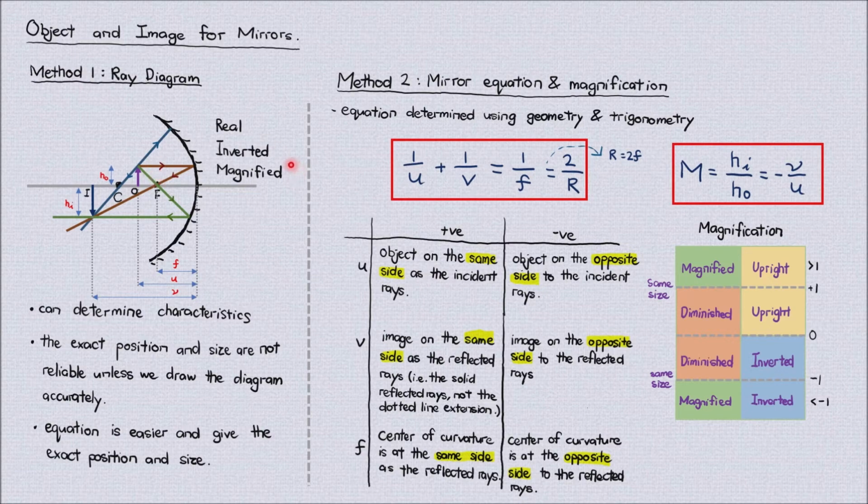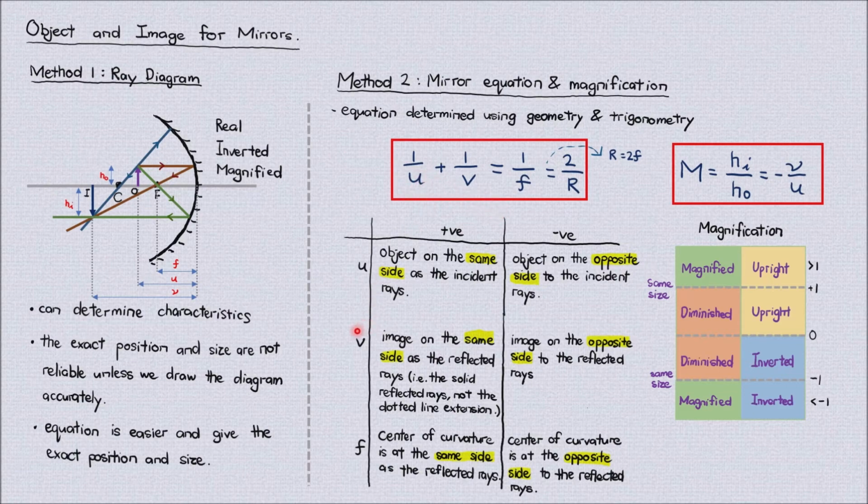I haven't really figured out whether it is possible or not, but for many cases, probably all cases, your object is on the same side as the incident ray, so u is most probably positive. So in this case, 10 cm, I substitute positive 10 cm. In this case, I change it to meters, 0.10 meter.